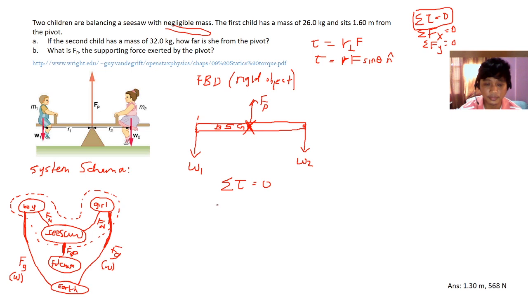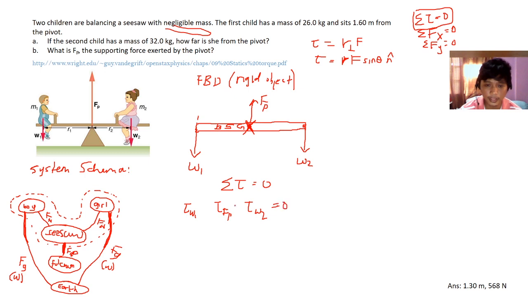And now we have three forces acting: the torque produced by W1, the torque produced by FP, which I mentioned is now zero, but I'm just going to write that anyway, and the torque produced by W2 is equal to zero.